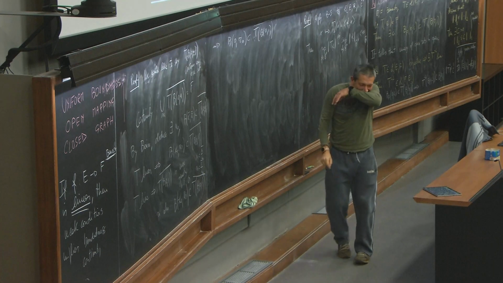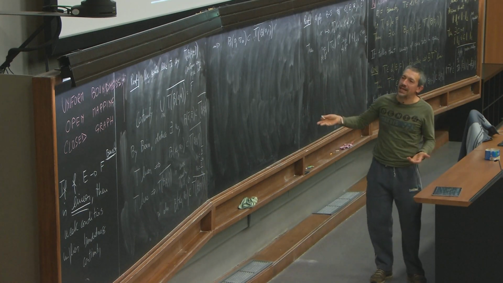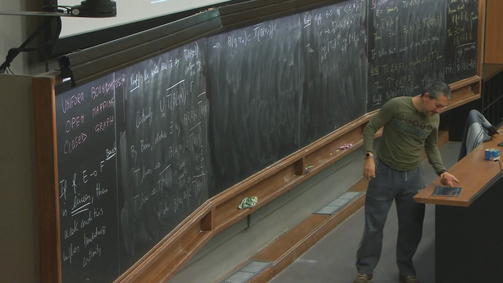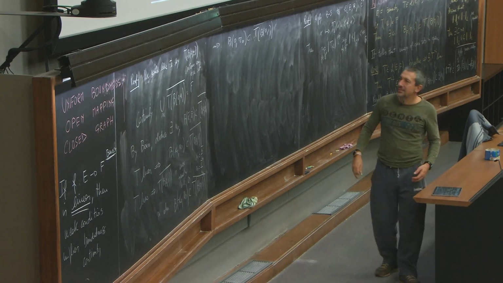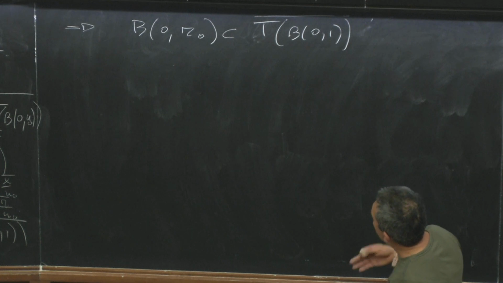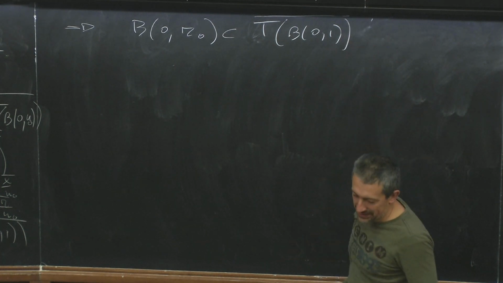The linearity is here: from any open set, I can pass to a ball around 0. Now we have to remove the closure.